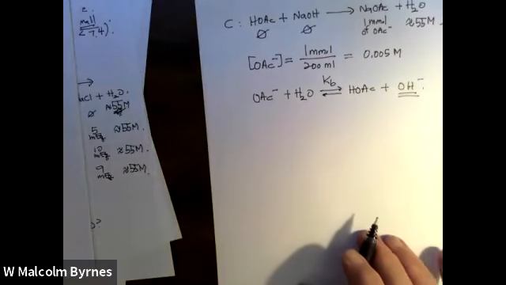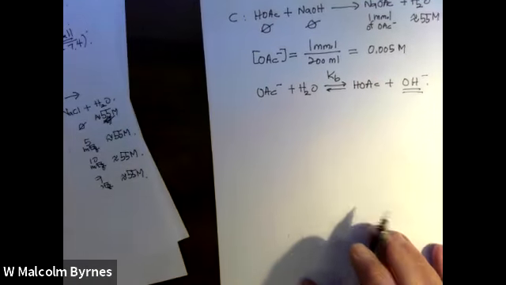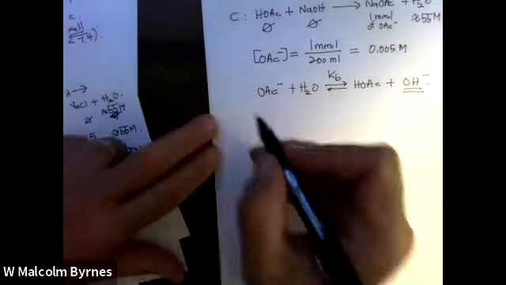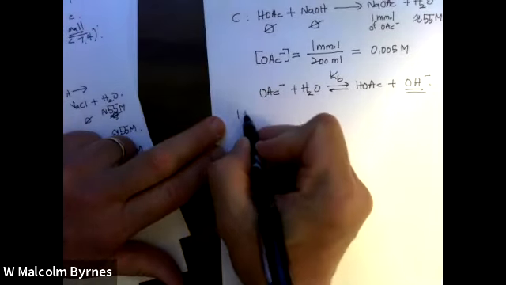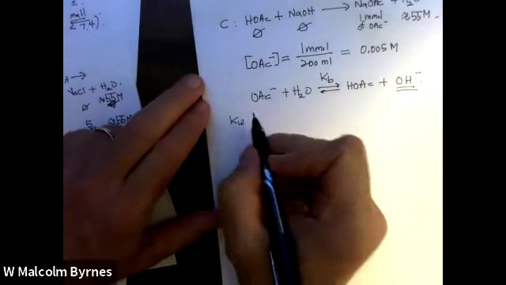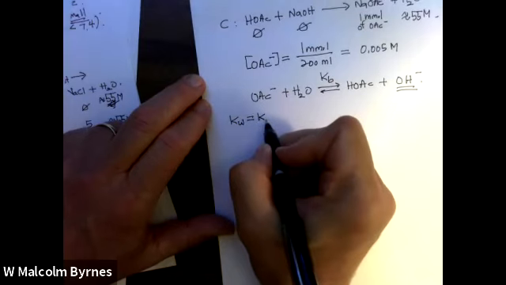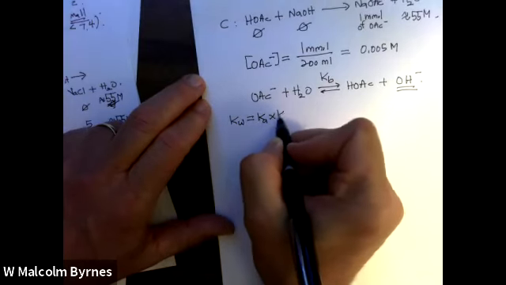Now, what is the Kb? Let me tell you what it is. It turns out that Kw is equal to Ka times Kb.